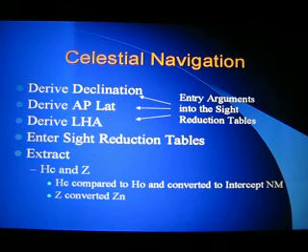Of course, we take the computed height, we compare it to observed height, and we convert it to an intercept in nautical miles for plotting our line of position. We take Z and we convert it to true azimuth so that we lay out the intercept and the line of position in the right direction. This should all be familiar to you from doing sight reduction.